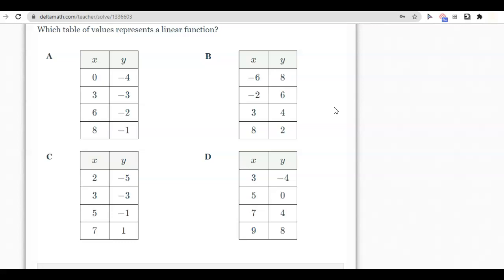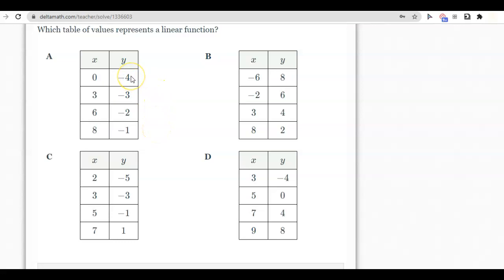One thing I could do is graph the points and determine, does it form a straight line? I'm not always the best at visualizing that from just a table like this. So what I do is I measure my slope from each interval to each interval to see, is it constant, the same every time?